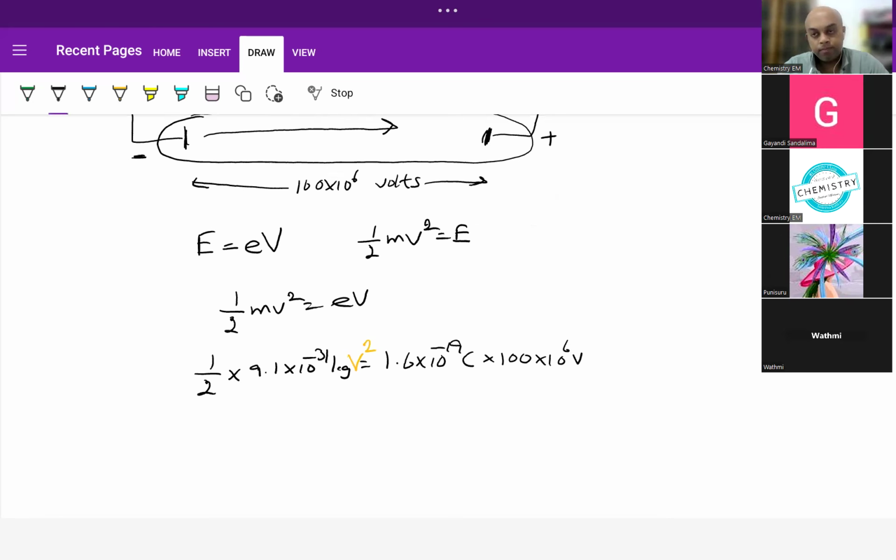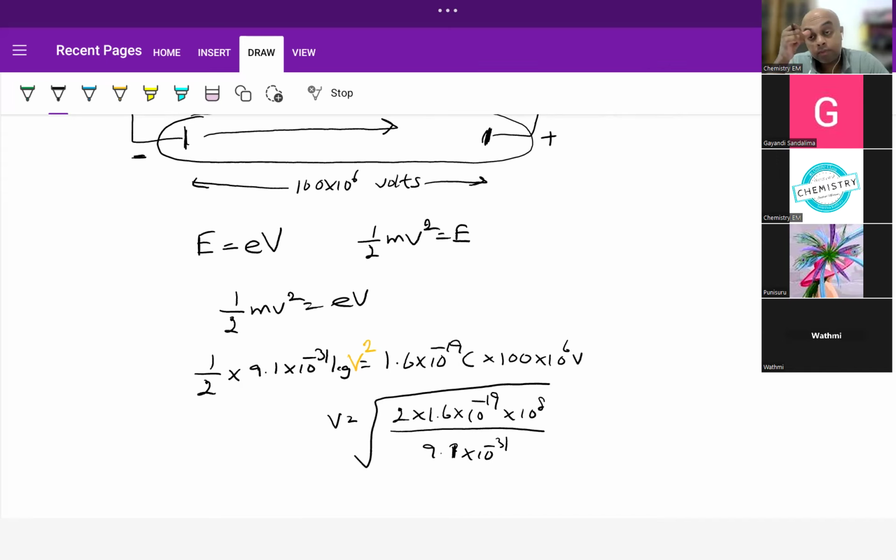So you can calculate v here. v is equal to 2 into 1.6 into 10 to the power minus 19 into 10 to the power 8, divided by 9.1 into 10 to the power minus 31, and you have to take the root. You will get the answer in m s to the power minus 1, right?